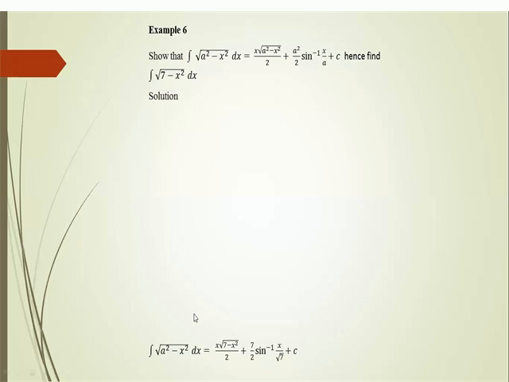Cos of A plus B will give us cos A cos B, then minus sine A sine B.